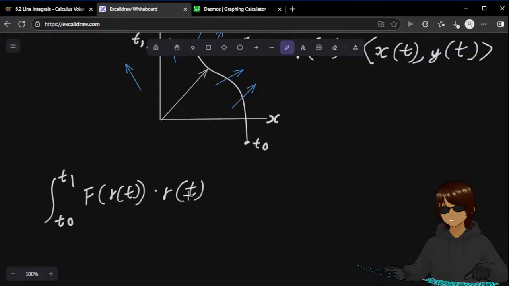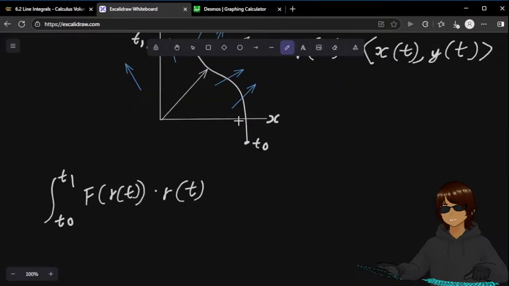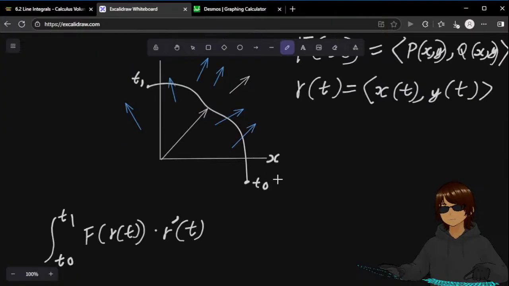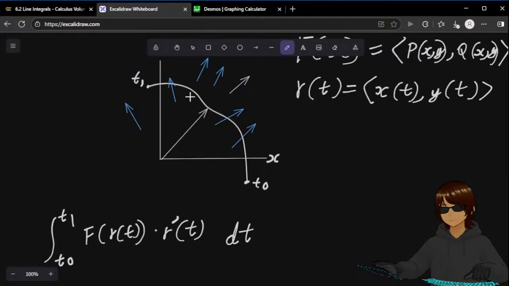Is this correct? Or maybe it's the tangent. Sorry, yeah, it's the tangent, the derivative of r(t). And we do this infinitely. Is this correct? Yeah, I think I got it.